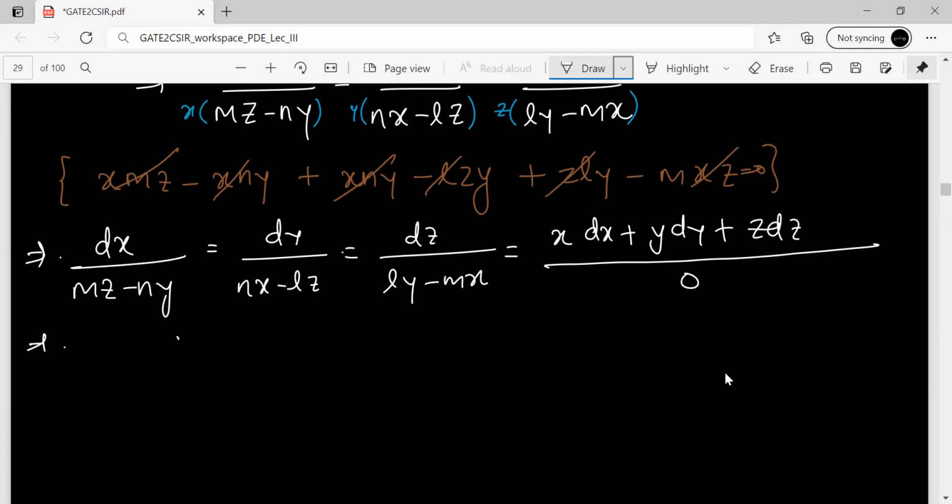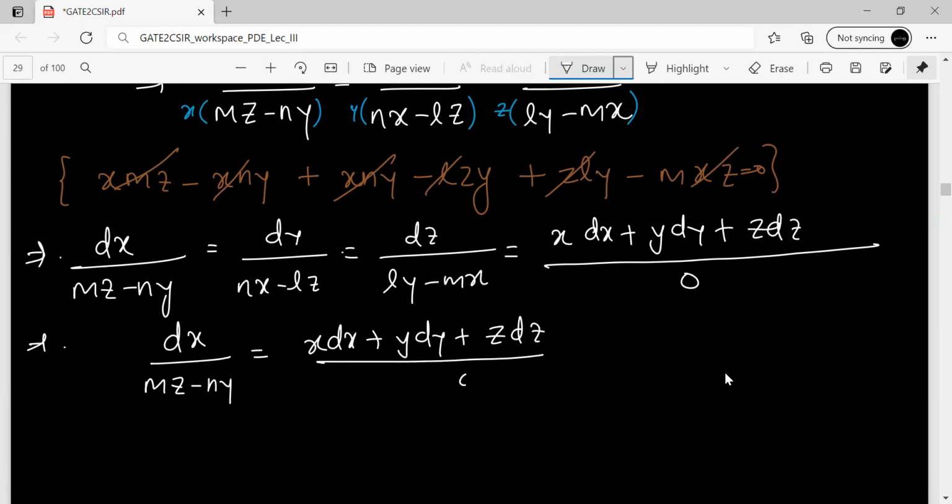So now consider any of them. You can consider even a single pair, and that equals x dx plus y dy plus z dz upon 0. This implies the numerator is 0. So x dx plus y dy plus z dz equals 0. Now integrate it.